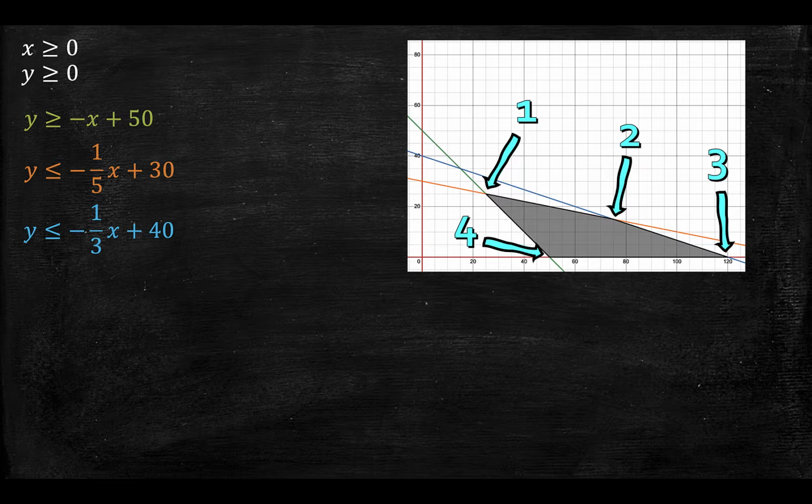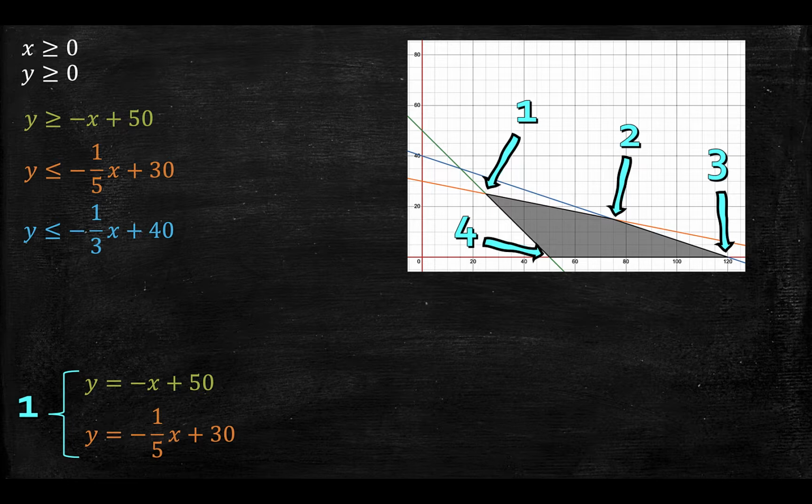In other words, the first point is the intersection of the orange and green lines. So what I've done here at the bottom of the screen is I've taken those 2 inequalities and just made them equations. I'm not interested in which way we shade. I just want to know where the 2 lines cross. So I made a system of equations, and if I solve that, it will be the coordinates of that point.